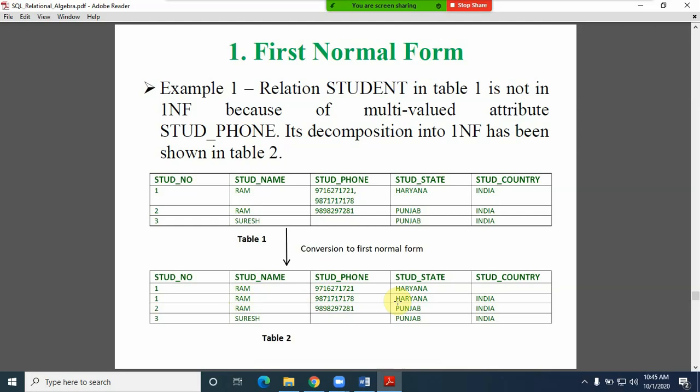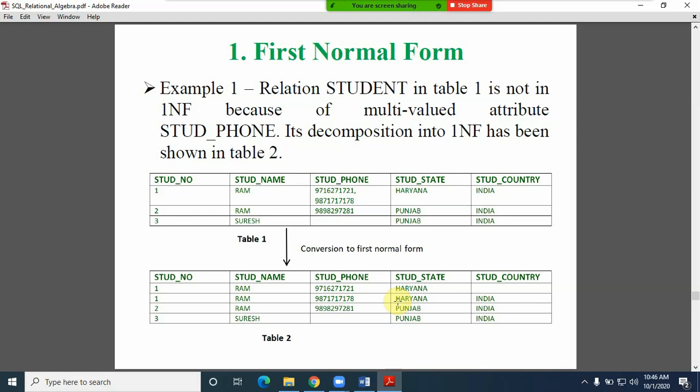So very simple friends. We have taken one table, and within that table we have multiple values, especially in our example, student phone. According to the definition of the first normal form, no attribute should have multiple values.